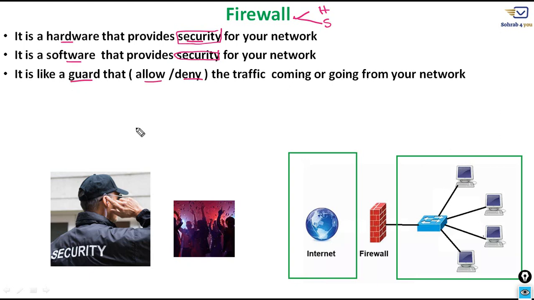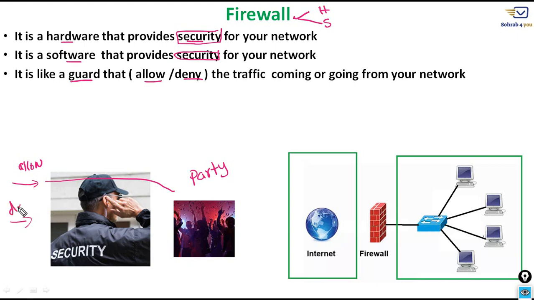Suppose, guys, this is a party, and here is the security guard. If someone wants to come, first this guy is going to check whether he is allowed or not. If he is allowed, the guard lets him come to the party.